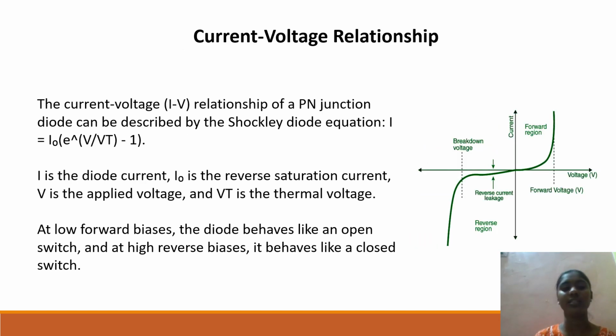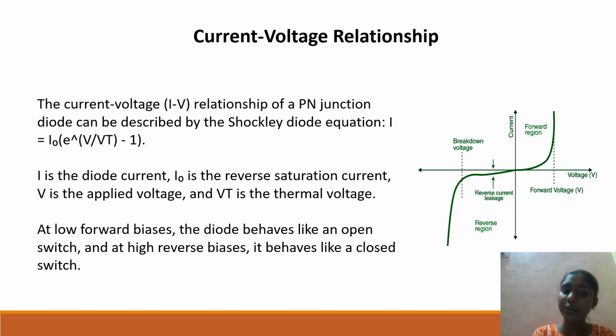Current voltage relationship. The current voltage, I minus V, relationship of a PN junction diode can be described by the Shockley diode equation: I is equal to I naught times e raised to V by VT minus 1.